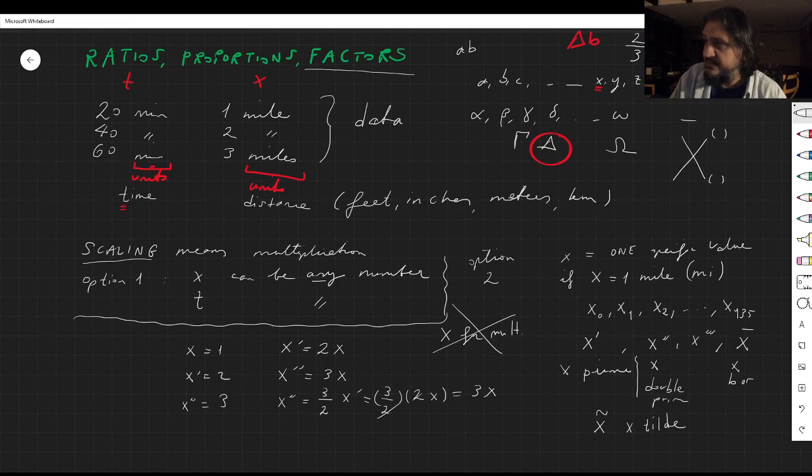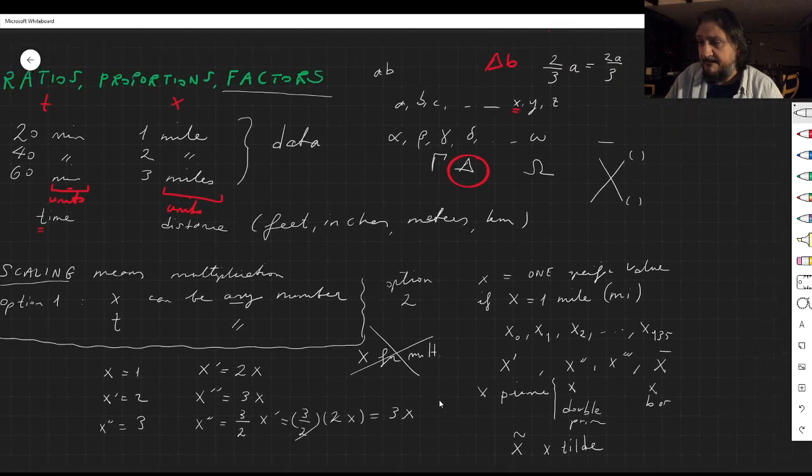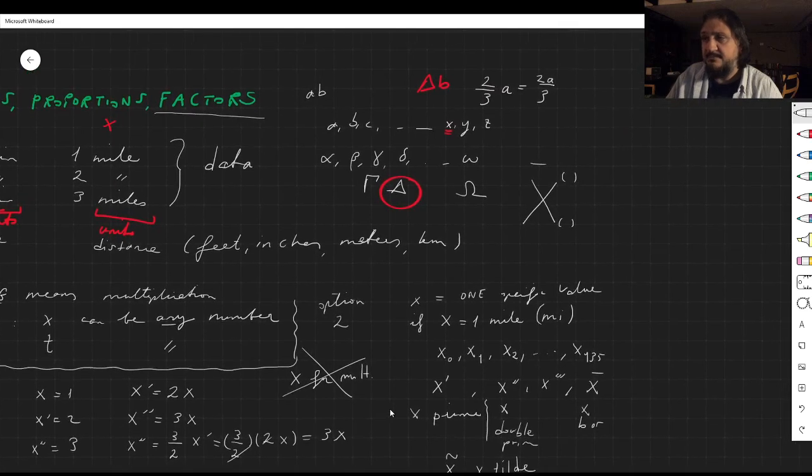Now you can't see it because my video is in the way. All right, so let me move it to the left a little bit. Okay, so I was saying delta B doesn't mean delta times B, but it means something else.